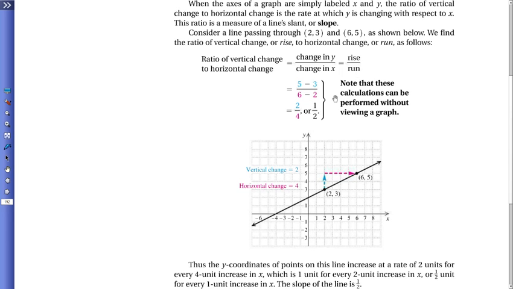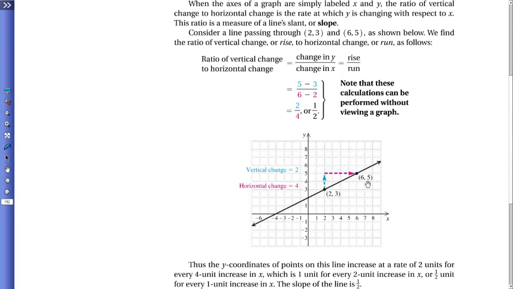Well, I could find that out right from the ordered pairs. And I can do that by taking differences. If I'm looking at this ordered pair and this ordered pair, can I figure out how much rise occurred? Well, the second number indicates the rise, right? The vertical change is 5 here, and the vertical change is 3 here.